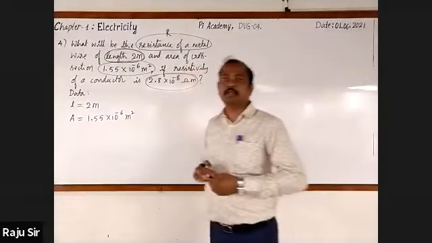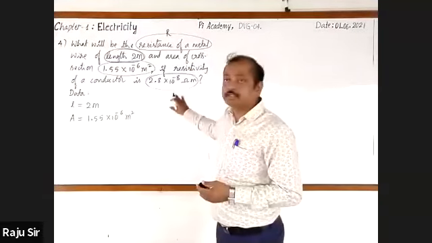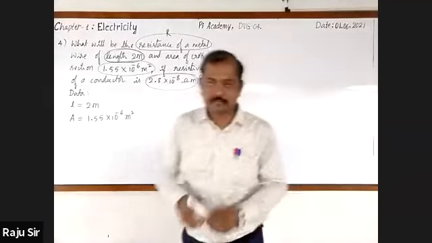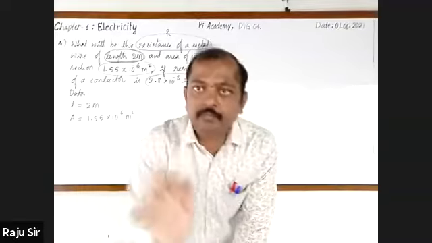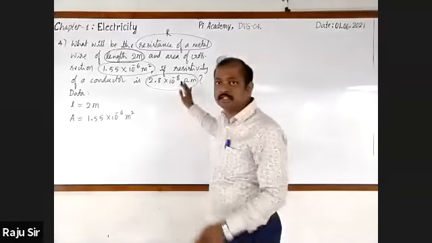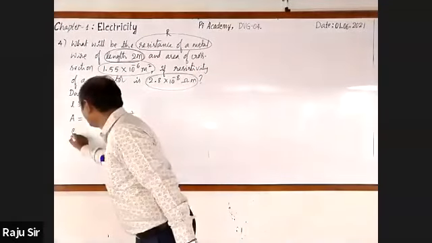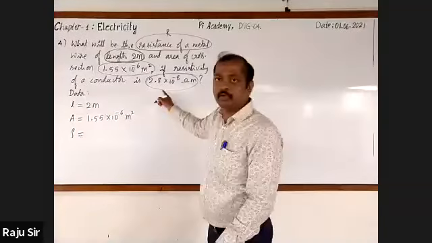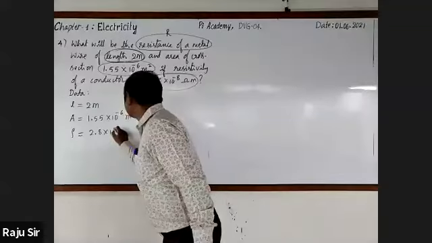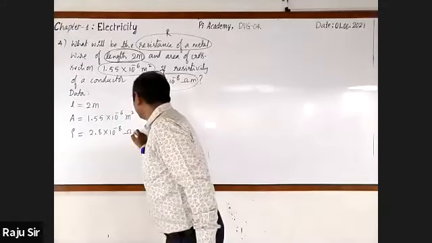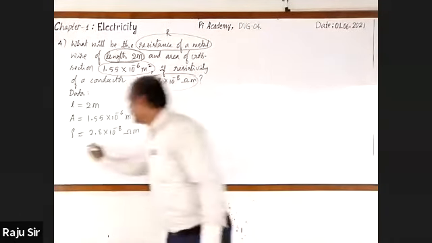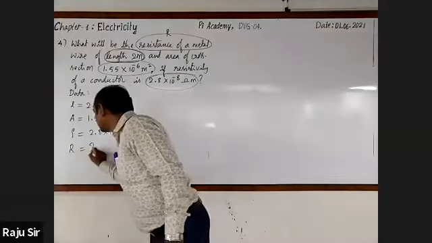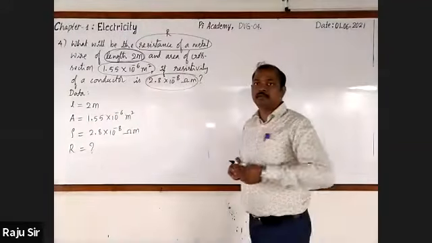It is also in SI unit. Next, resistivity, rho is equal to 2.8 into 10 raised to the power minus 8 ohm meter. With this information, you are going to find electric resistance, that is R.